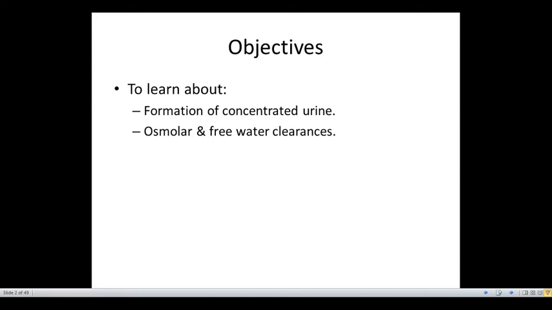The objectives of today's lecture are to learn about the rest of these steps involved in the formation of concentrated urine, and osmolar and free water clearances.